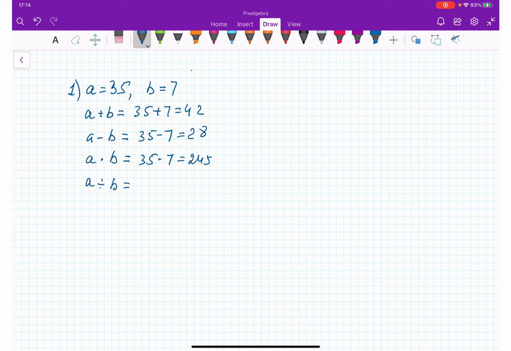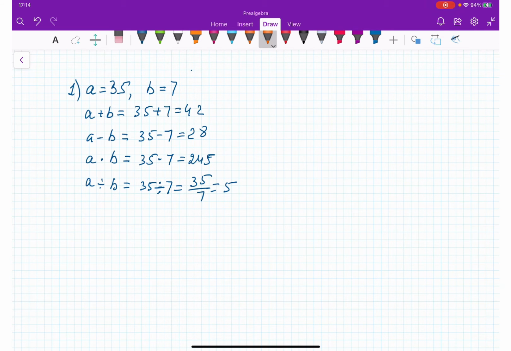So, and 35 divided by 7, which I can rewrite as 35 over 7 in the format of a fraction. It's going to be equal to 5. Okay.